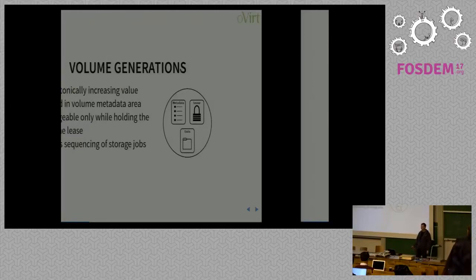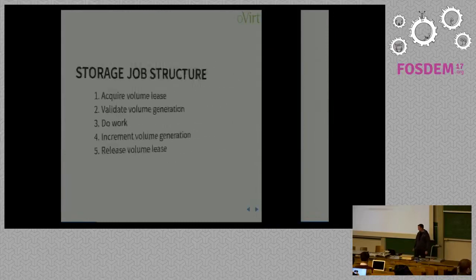Volume generations are simply a monotonically increasing value within the volume metadata that can only be changed while holding the volume lease, and which allow us to sequence the jobs together so that we can guarantee that only one storage job per volume generation is able to run.